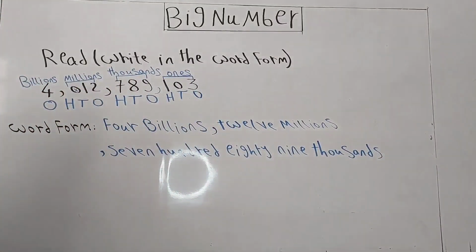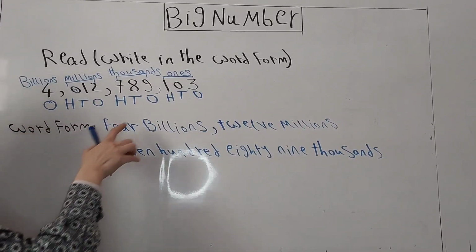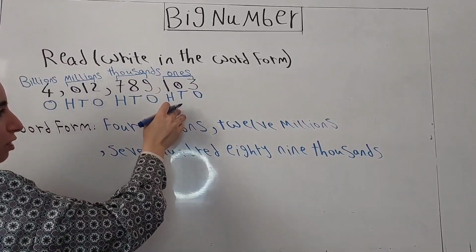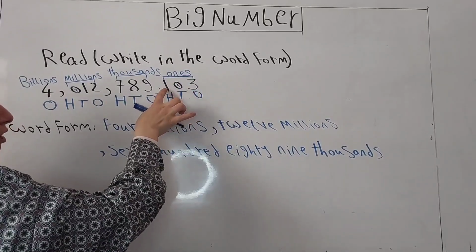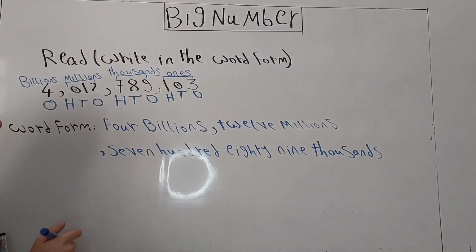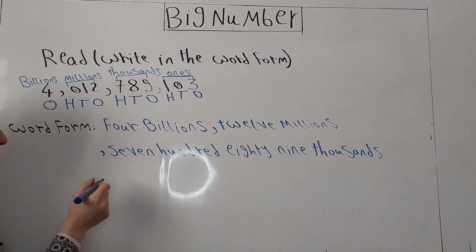Then we read the family of ones: 103. The 0 is not read, 103, and the word ones is not read.